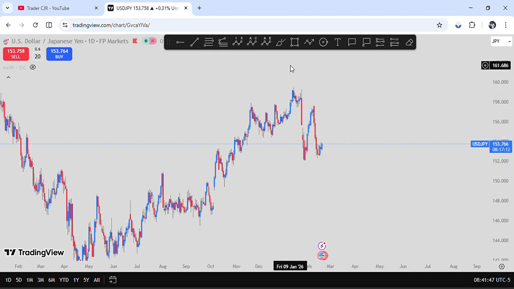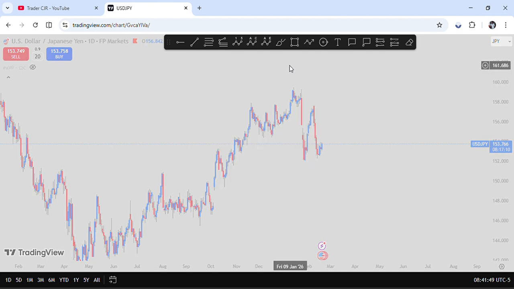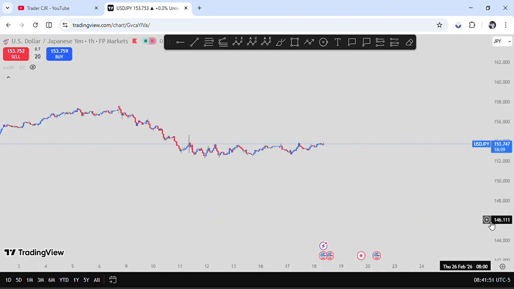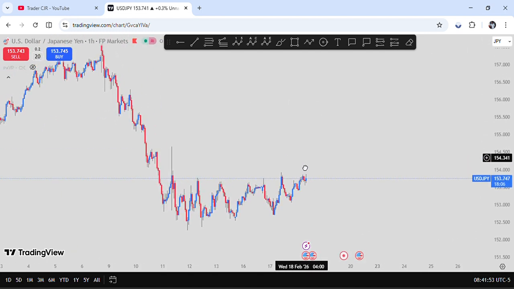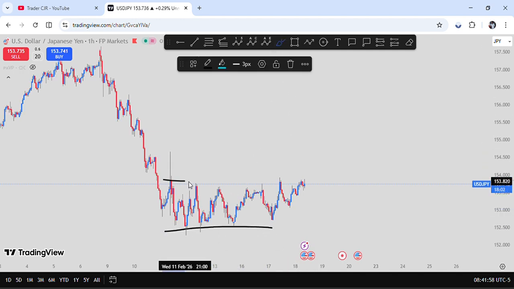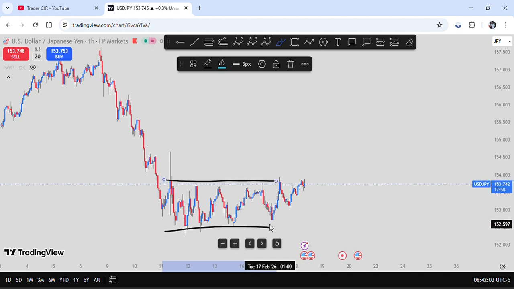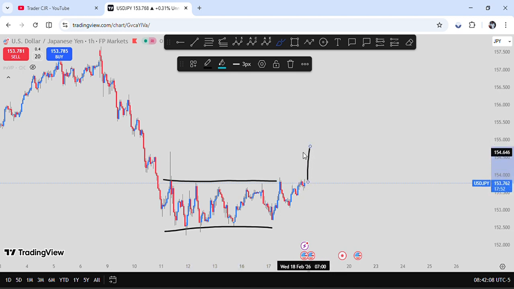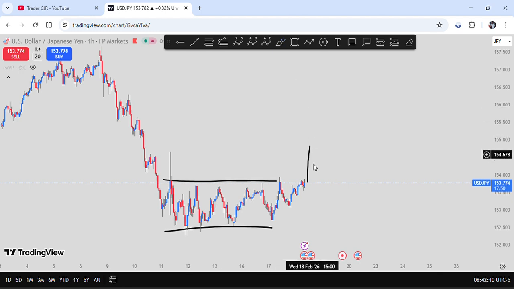Let's drop down to the hourly time frame and analyze what's happening on the hourly time frame. On the hourly time frame, as you can see, price has been ranging between these two levels, and price is now seemingly about to break out of this range, and I'm confident that price is going to break above.